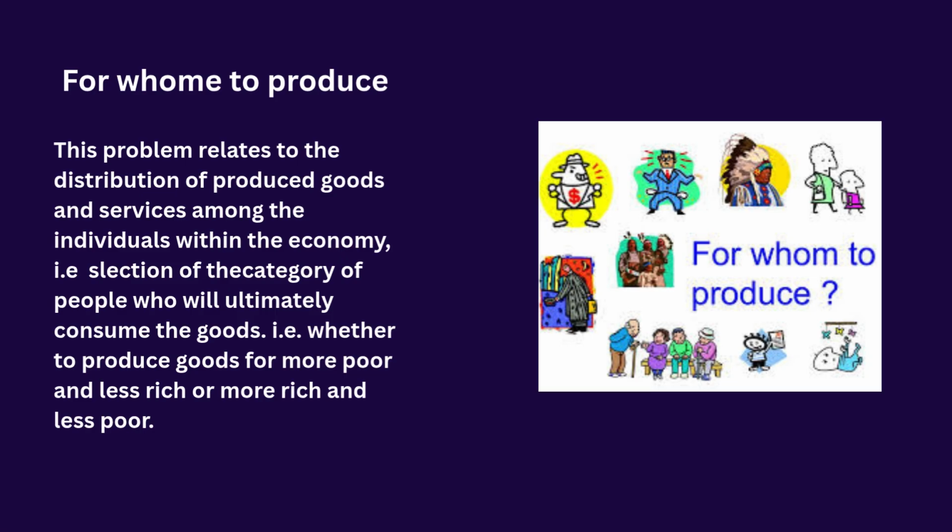Next one is for whom to produce. This problem is related to the distribution of produced goods and services among the individuals within the economy for whom you are producing. See, if you are producing a wheat product, you are producing for everyone, right? Anyone can eat it. And if you are producing a luxury product, like an iPhone or some mobile phone, who will use a mobile phone?